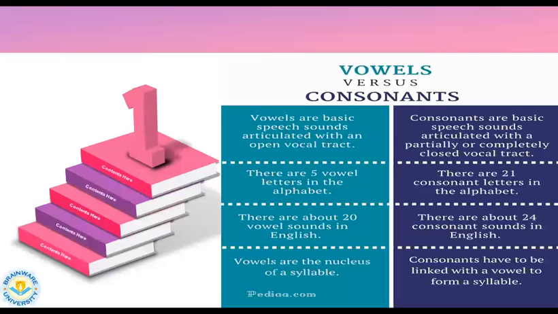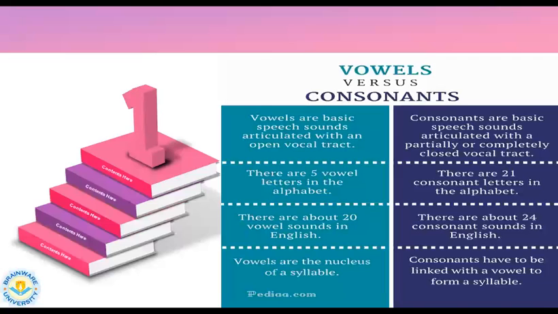Okay. So how is a vowel produced? A vowel is produced with your mouth wide open and your tongue in the middle of your mouth. But it can't touch the teeth or the lips of your mouth.